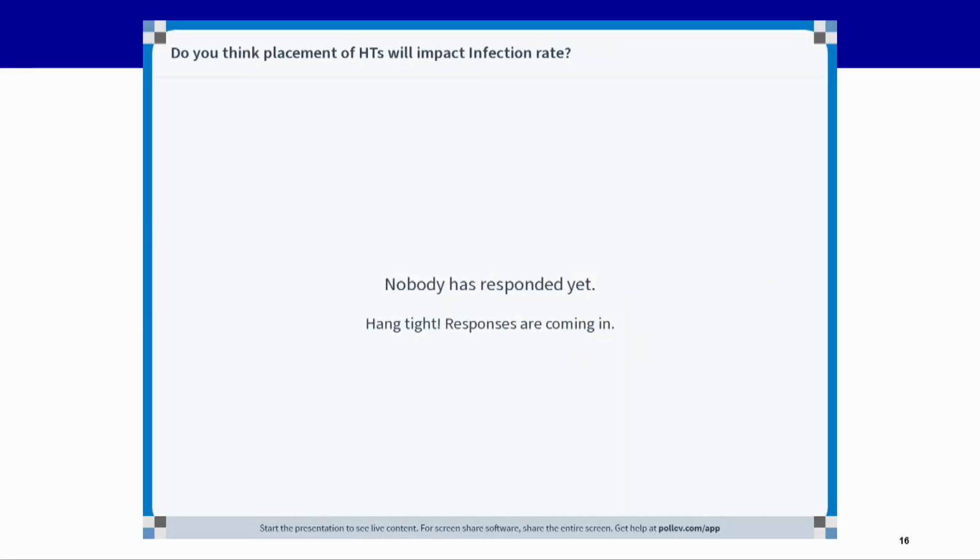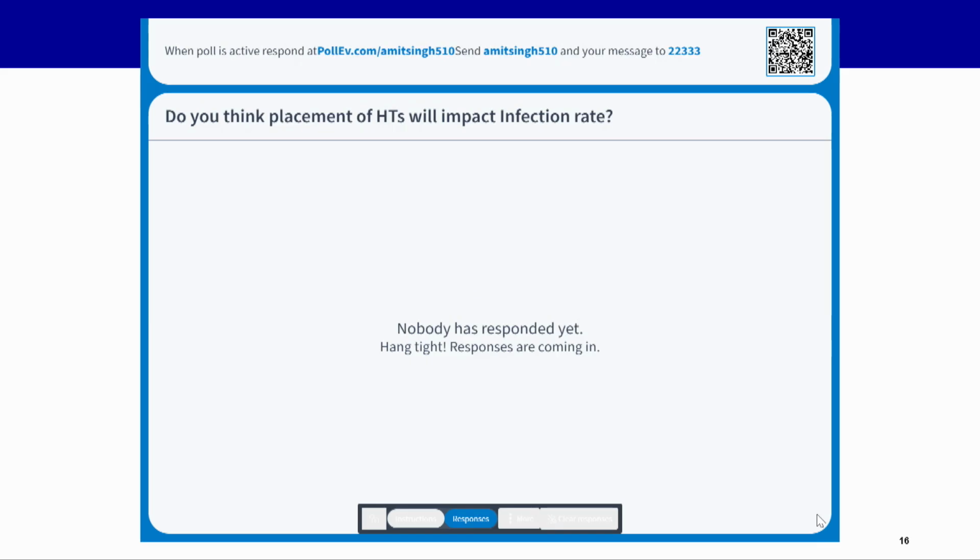So just a simple question: do you think placement of hardware trojans will impact infection rate? Like placement of the global manager, where all the requests are sent, changes the infection rate, right? Similarly, hardware trojans can be at different places. So do you think that will also change the infection rate?